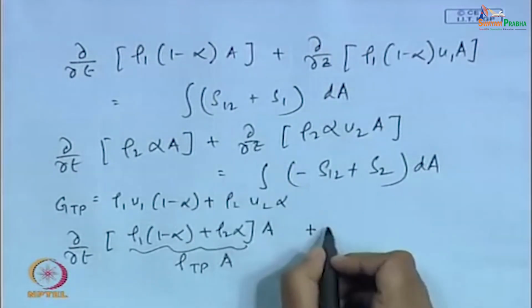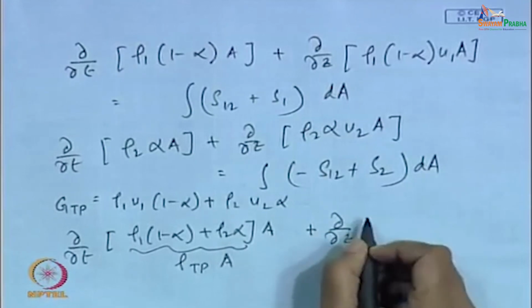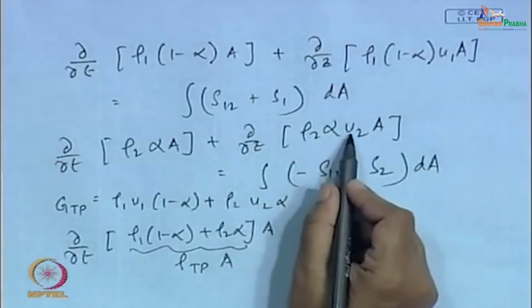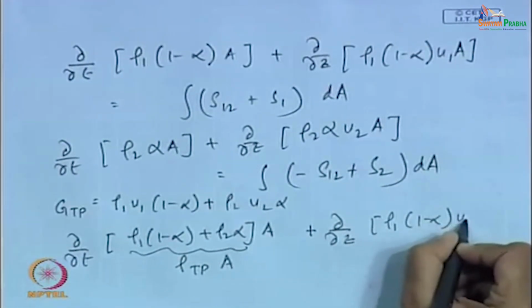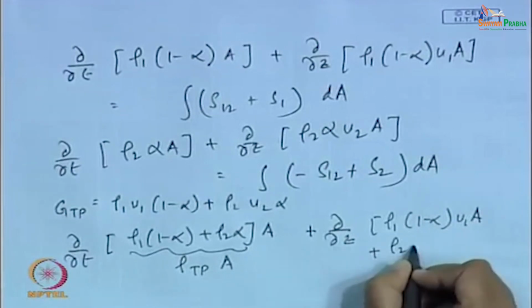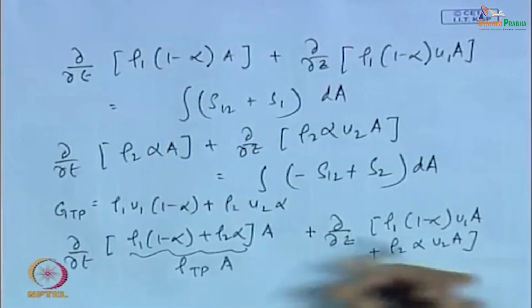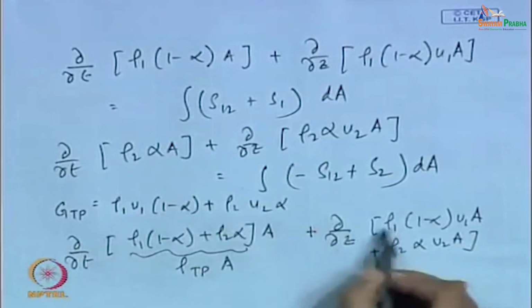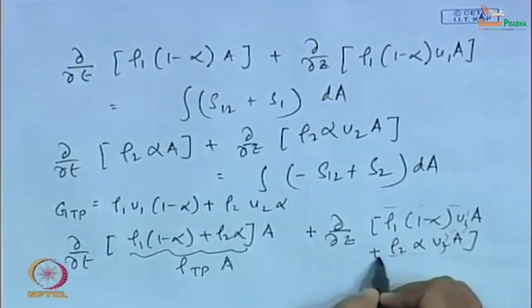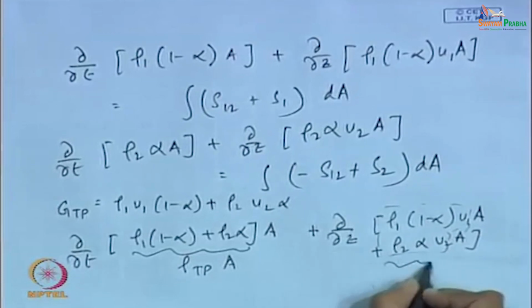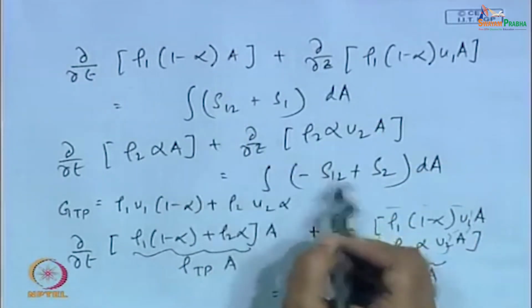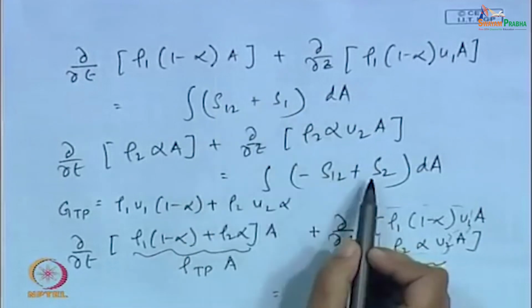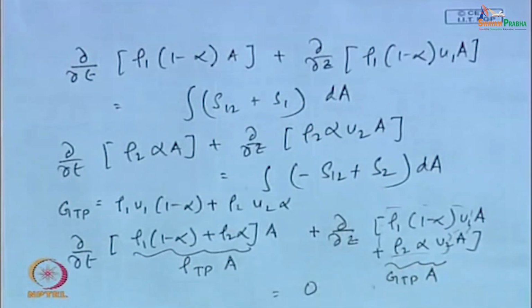Plus this portion will be del del Z of rho 1 into 1 minus alpha u1 A plus rho 2 alpha u2 A. So, this whole thing becomes GTP into A, isn't it? So, this will be equal to, S1 and S2 will cancel out, they are almost equal to 0. So, this becomes equal to 0.